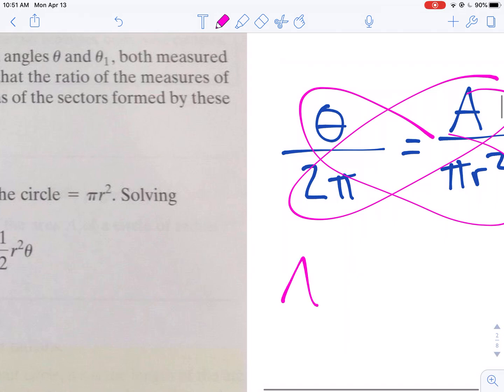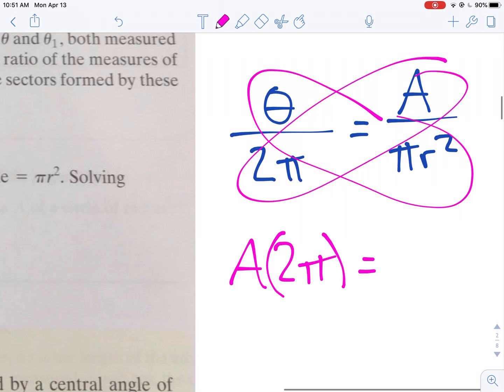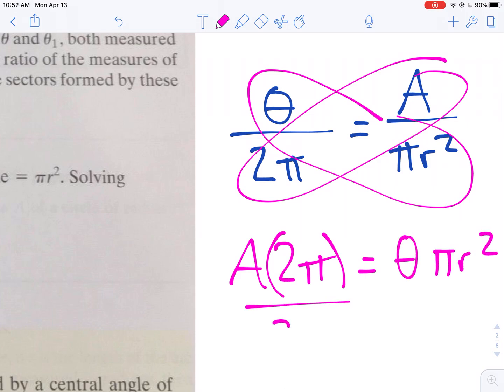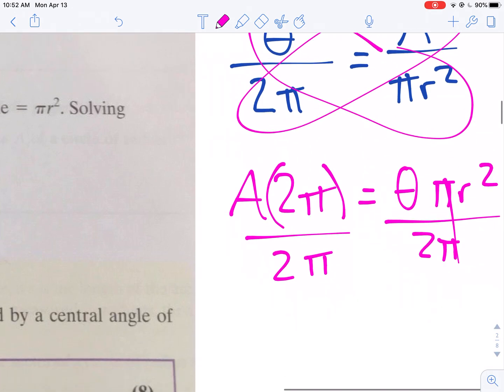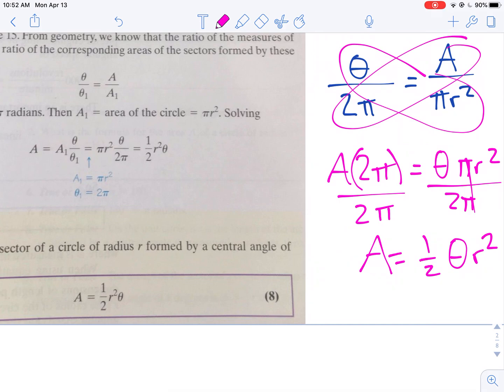And I will say that a times 2 pi is equal to theta times pi r squared. I'll divide both sides by 2 pi. Those will cross out, and I'll be left with a is equal to 1/2 theta r squared. So the area of any sector of a circle can be defined as 1/2 of theta r squared.